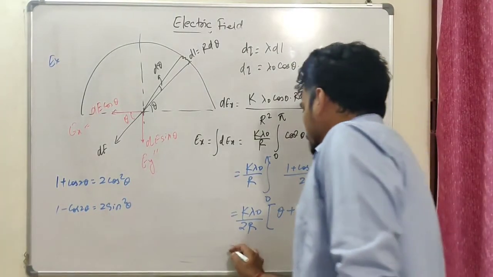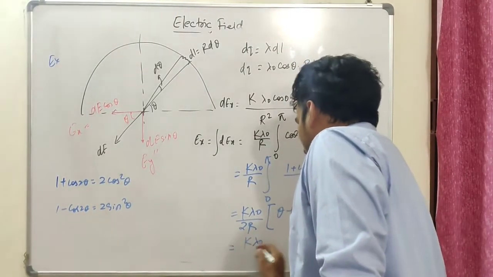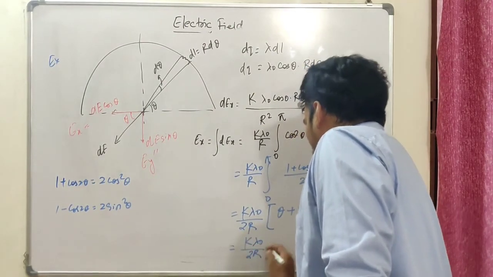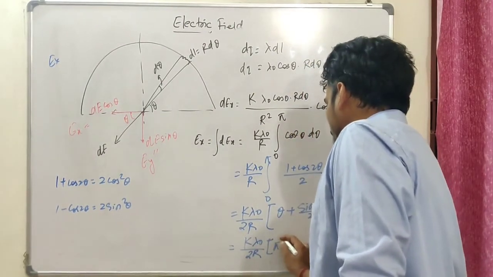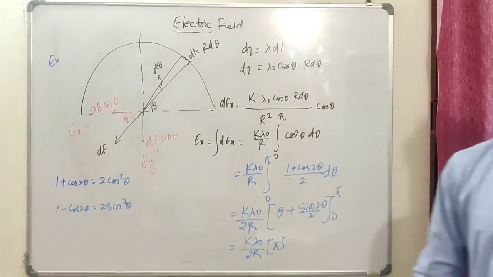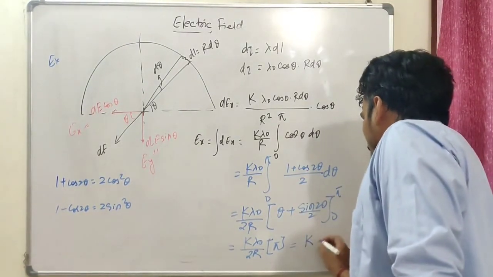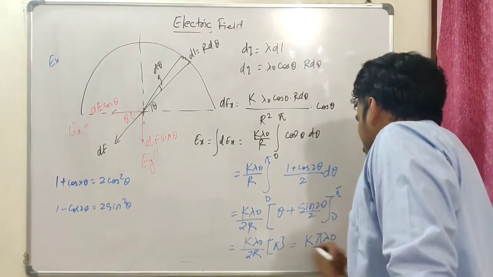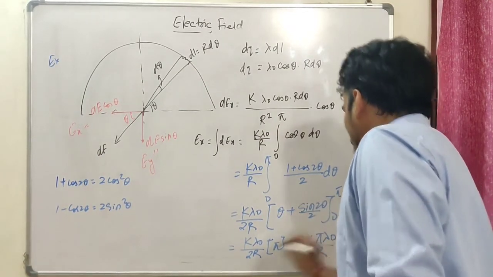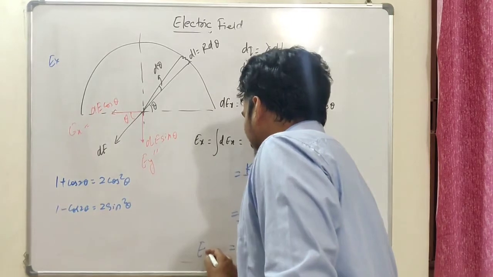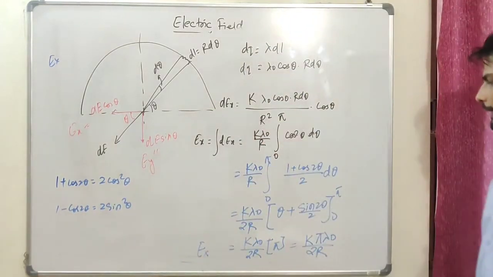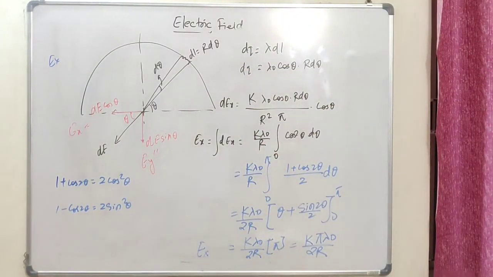So the value of this should be k lambda naught by 2r times pi. Fair enough. So the value should be k pi lambda naught over 2r, and that is your Ex, in the horizontal direction.